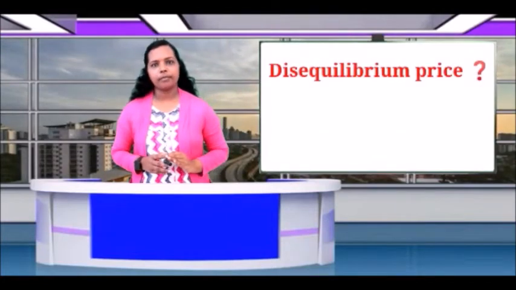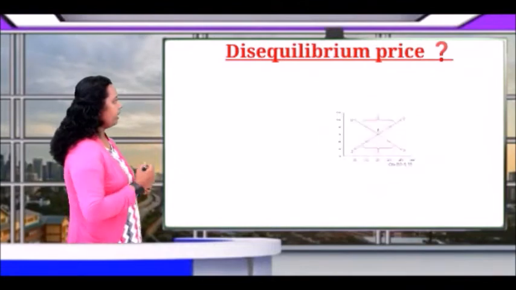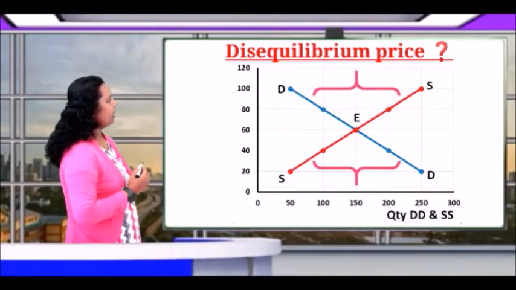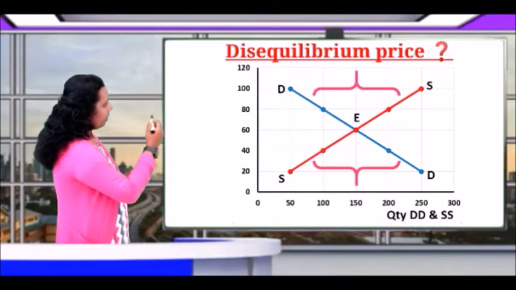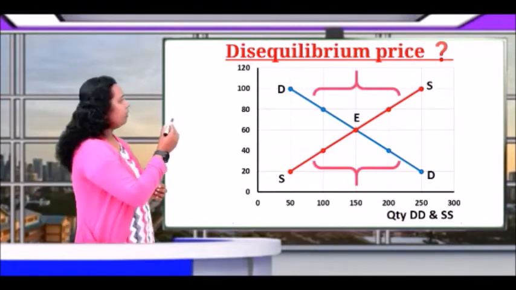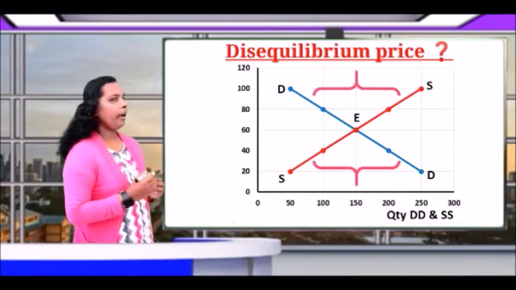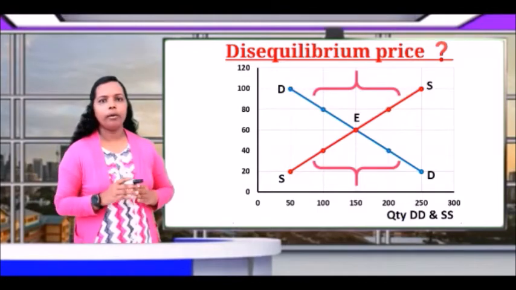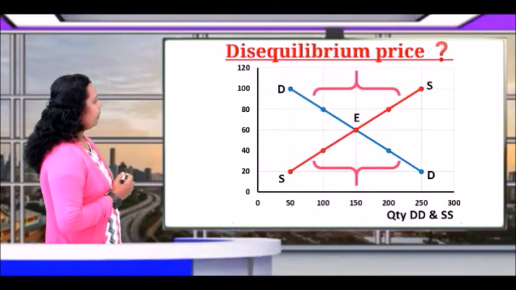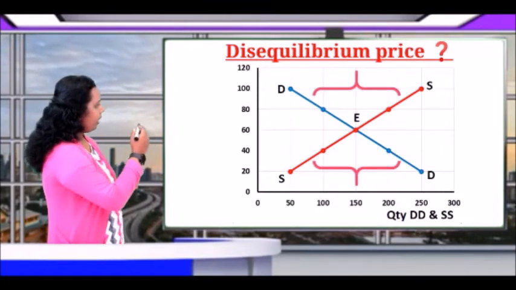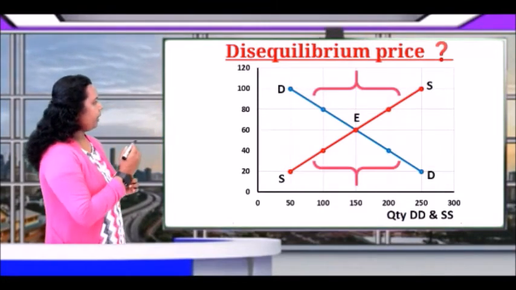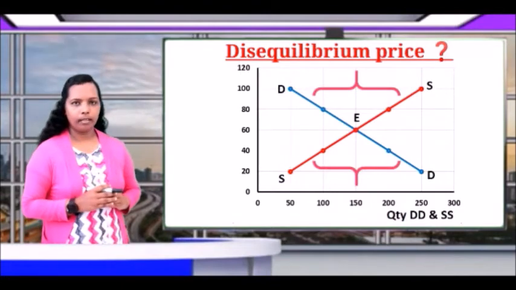Then what is meant by disequilibrium price? Please look at this diagram. Here, I marked two areas: the area above the equilibrium and the area below the equilibrium. In both situations, demand and supply are not equal. Above the equilibrium price of 60, demand and supply are not equal, and below the price of 60, demand and supply are not equal.